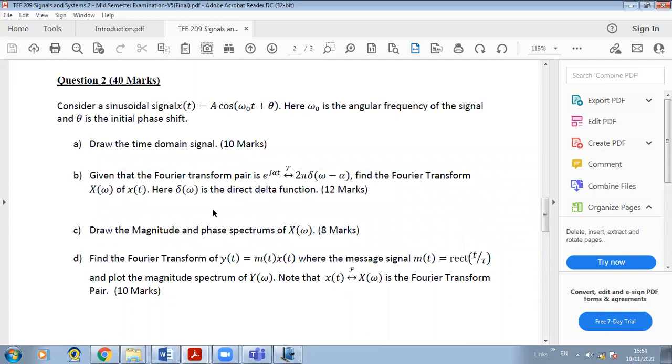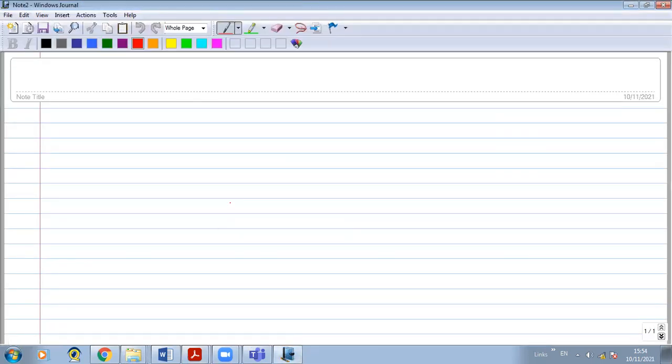Question 2. You can see that we have to draw the signal. We have done this several times. It is a sinusoidal signal. It is a very easy question.